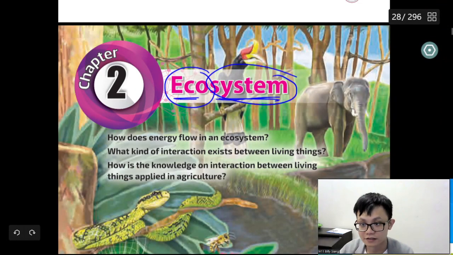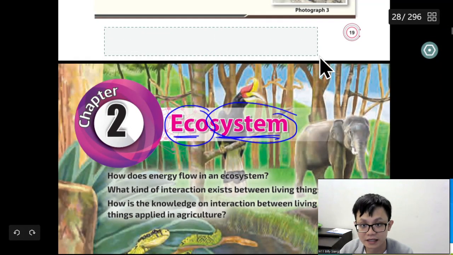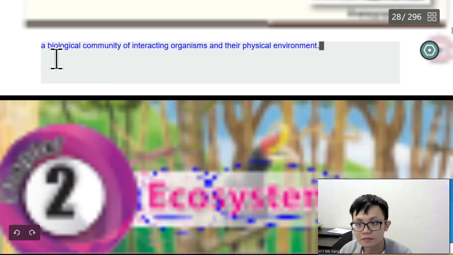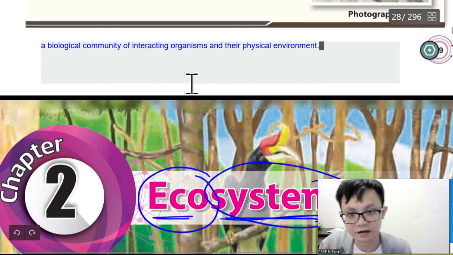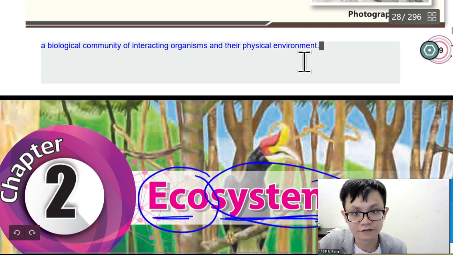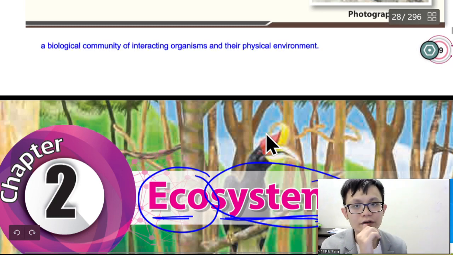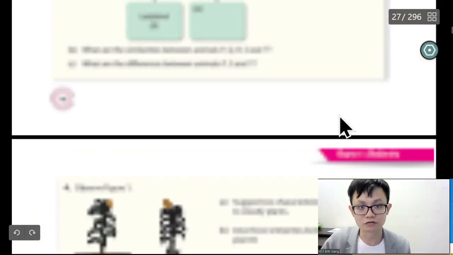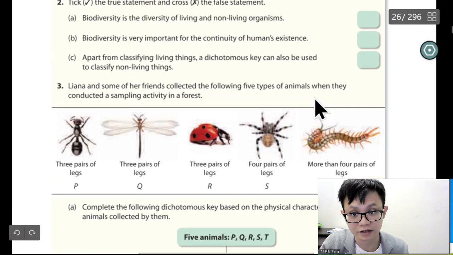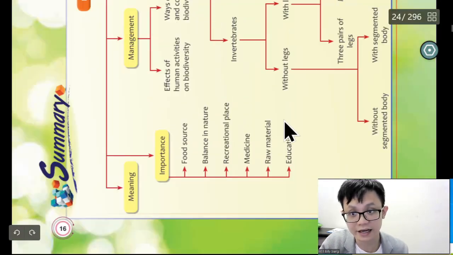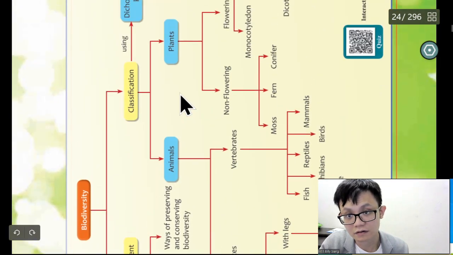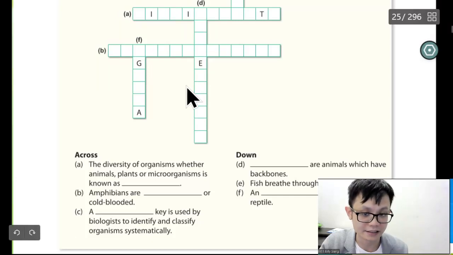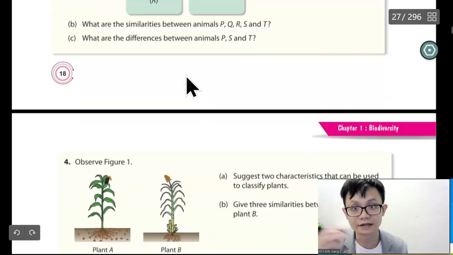What is an ecosystem? In simple terms, it is a biological community of interacting organisms and the physical environment. Because from the previous chapter, biodiversity is more towards the variety of living things, the insects, the animals, the plants, but not much about habitat, the interaction between habitat.